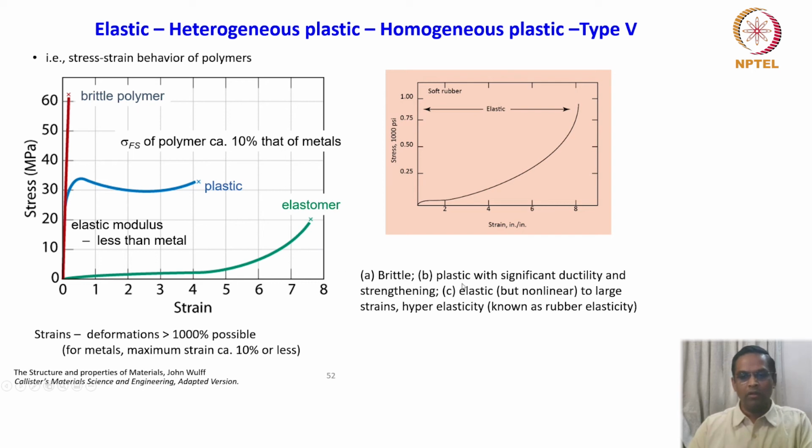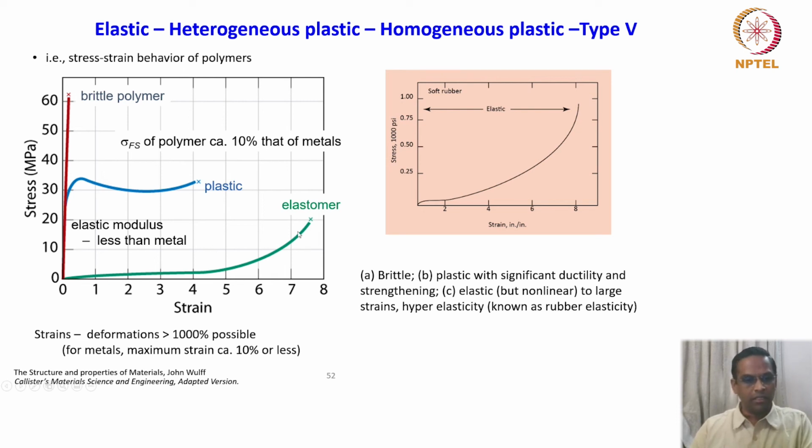And then you have the plastic with significant ductility and strengthening. Significant strengthening means it can go up again after coming down. That's why it's plastic with significant ductility and then strengthening. That is how this is described.